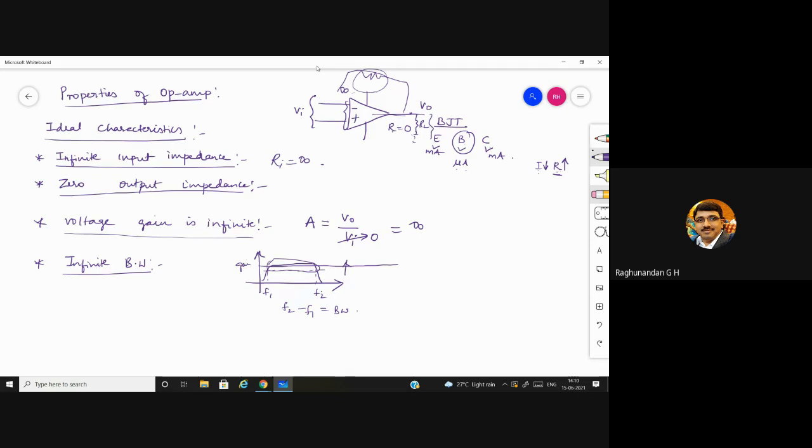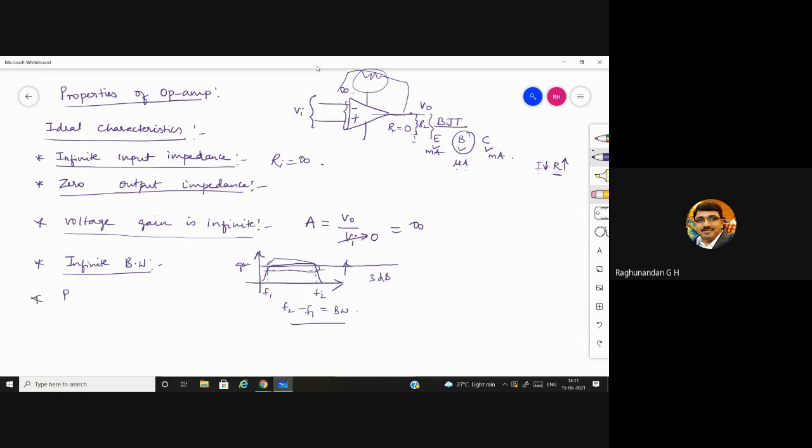That much wide bandwidth is practically not possible. Practically, we find it by the formula f2 minus f1, and that is our bandwidth. We take 1 by root 2 times, or 3 dB downwards, because we compromise on gain to enhance the bandwidth. But ideally, we tell the bandwidth is infinity.